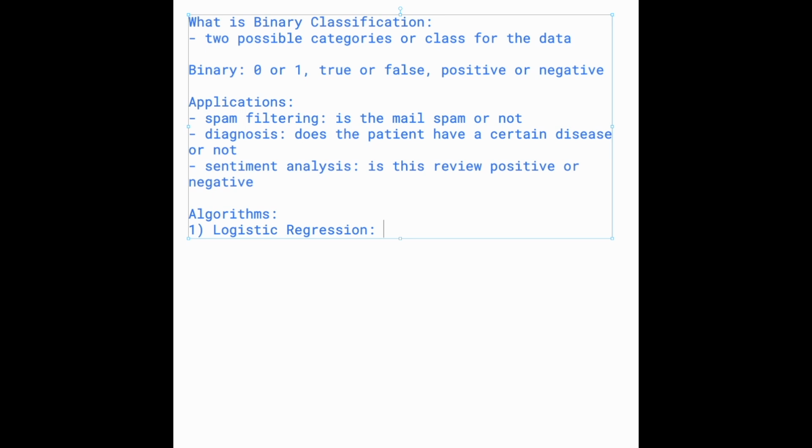I know I mentioned this before in a previous video, but just to recap, despite being called regression, it's actually used for classification, and that's because the shape of the graph helps you determine if this is yes or no, or one category or the other. So, not for regression.